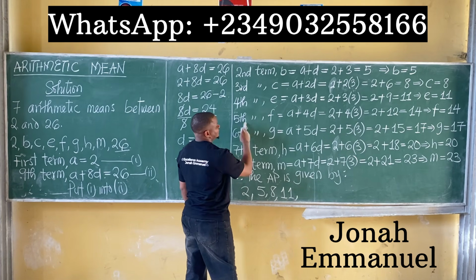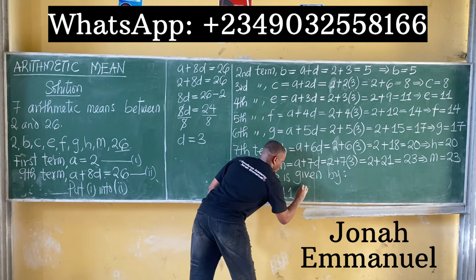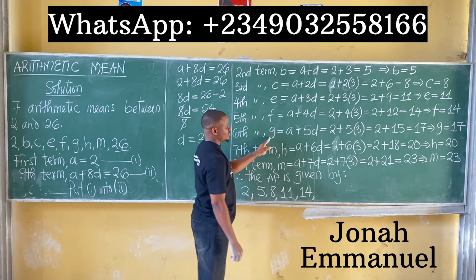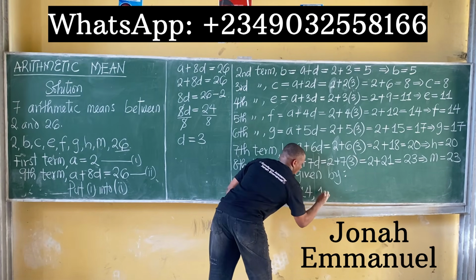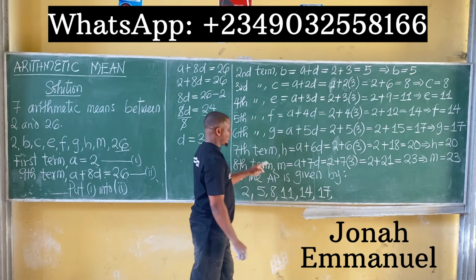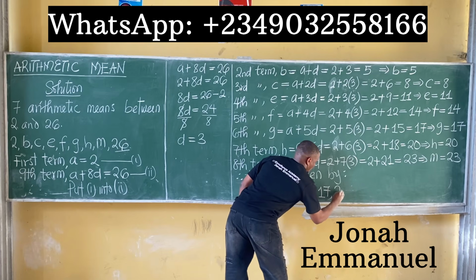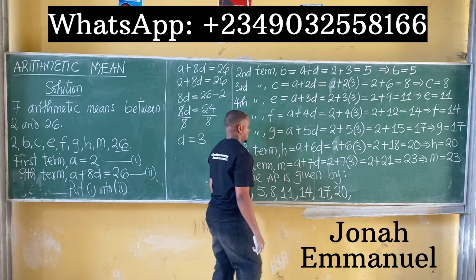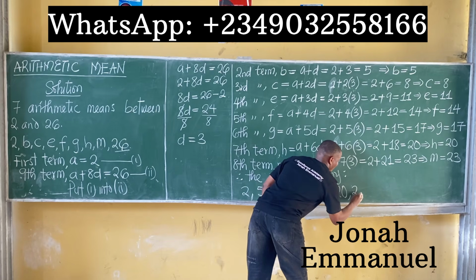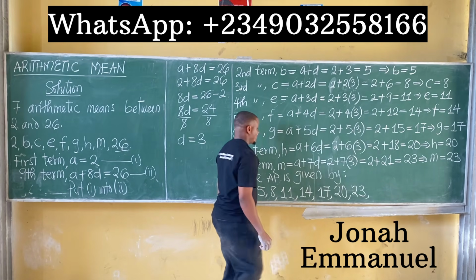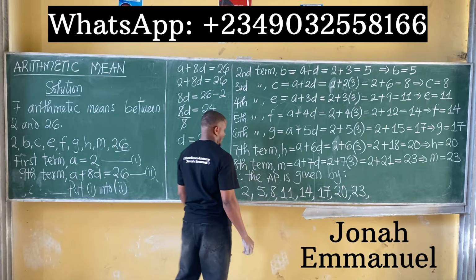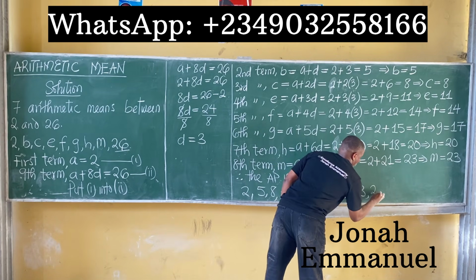And then the fifth term, F as 14. And then the sixth term, G as 17. And then the seventh term, H as 20. And then the eighth term, M as 23. And then we have the final term, which is this one here, as 26.